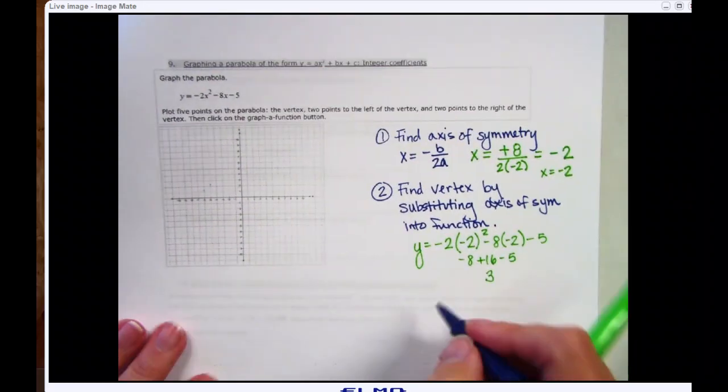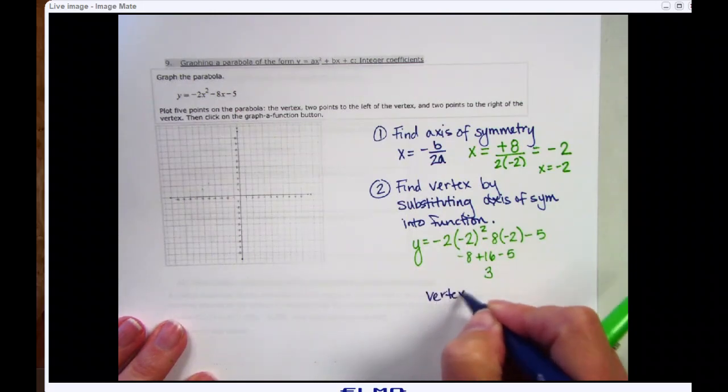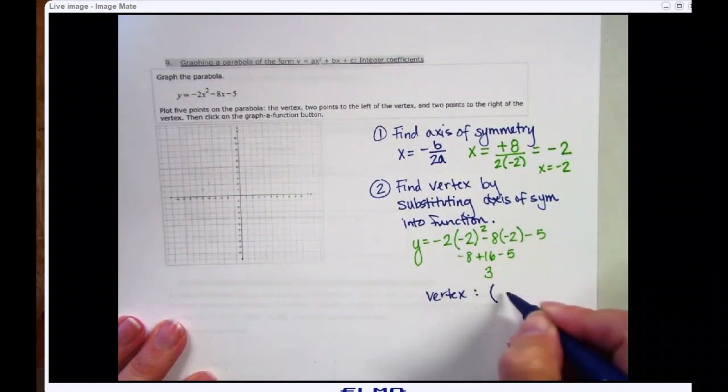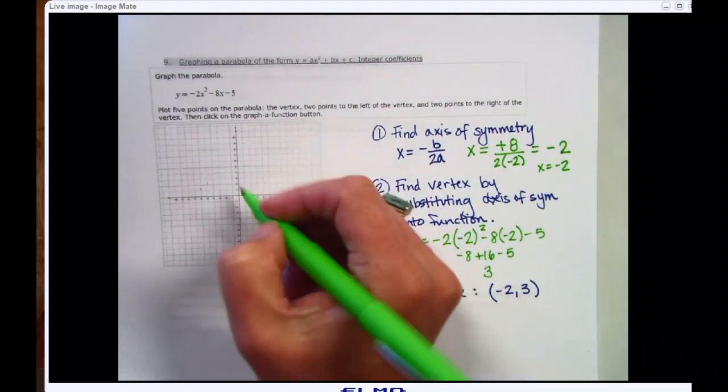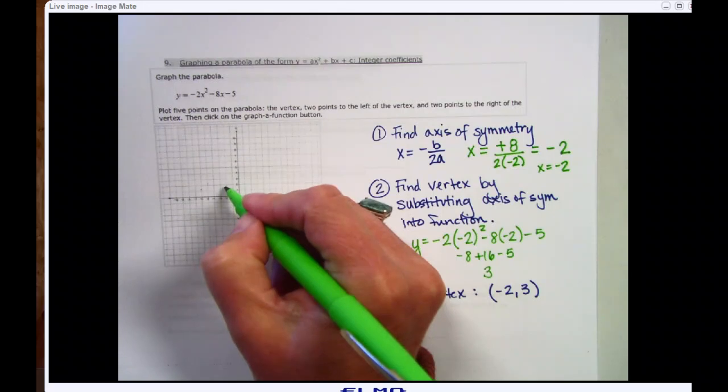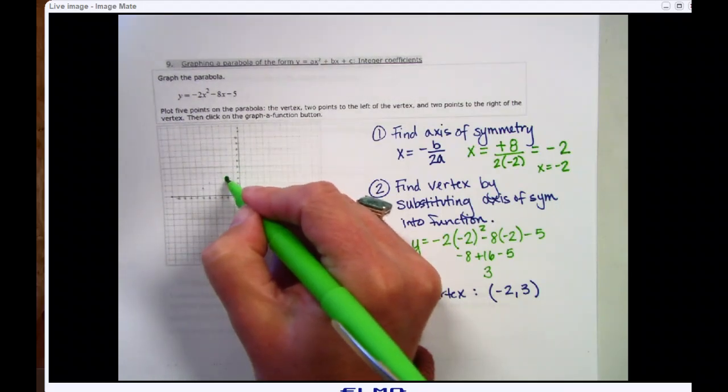So our vertex is, the x value is negative 2, the y value is 3.